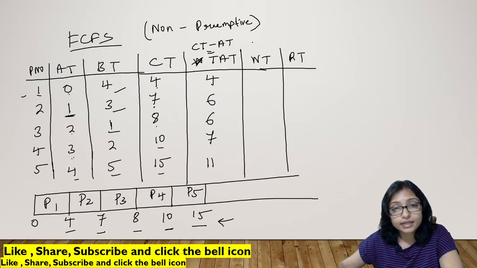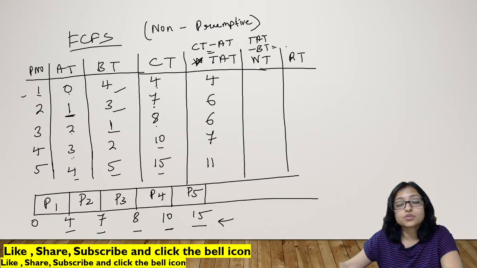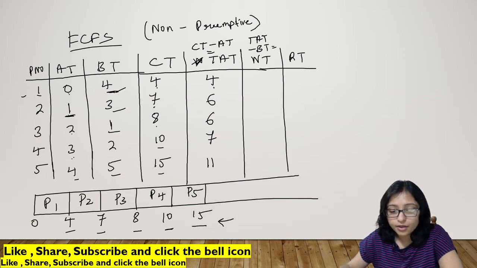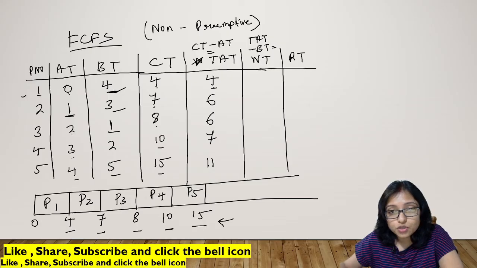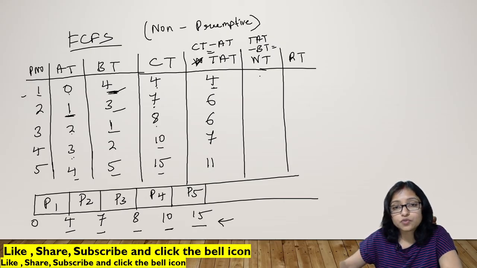Now what is waiting time? Waiting time is turnaround time minus burst time. So how much am I waiting? Turnaround time is 4 and burst time is also 4, so waiting time is 0.